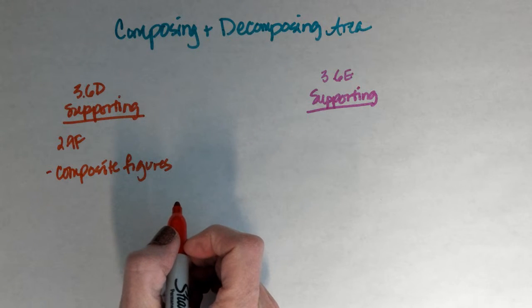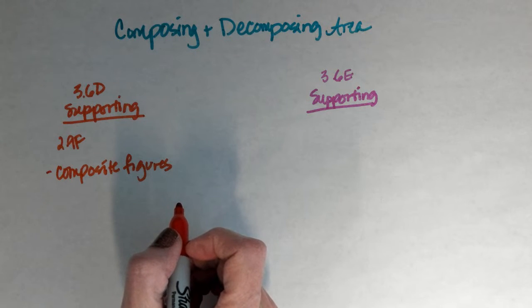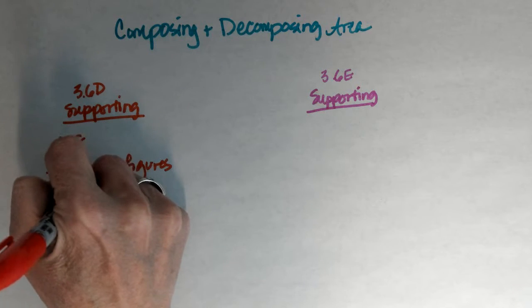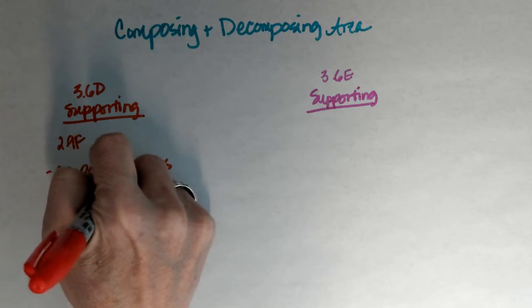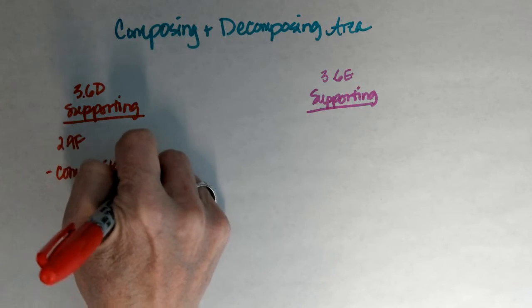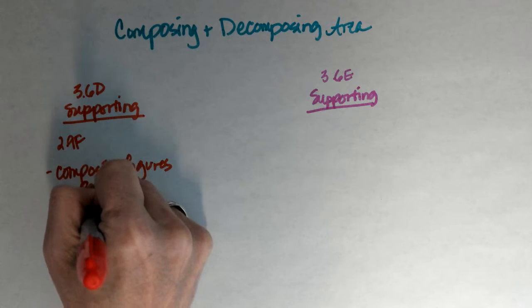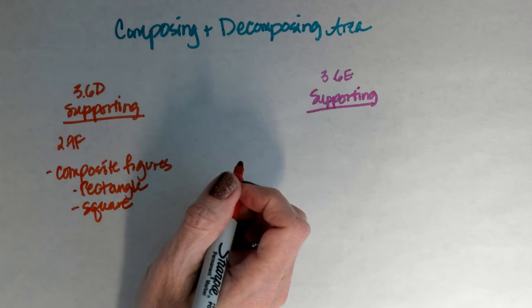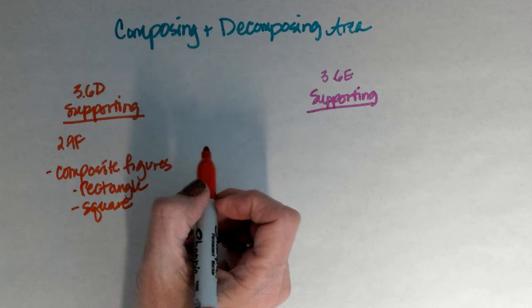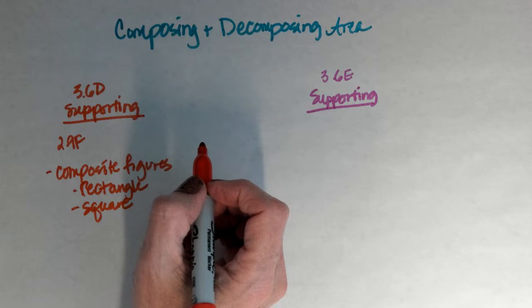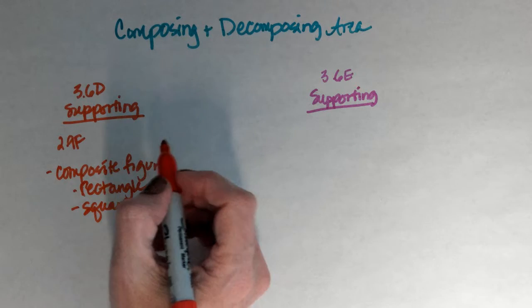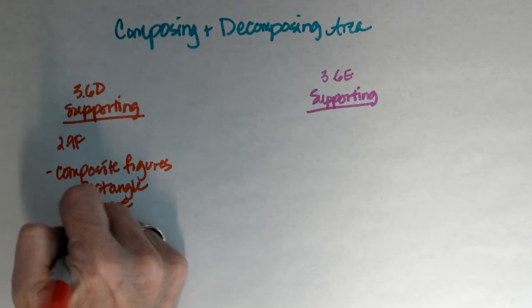So it says decompose composite figures formed by rectangles. Remember that a rectangle can also be its special friend, a square would be included in that, into non-overlapping rectangles to determine the area of the original figure using the additive property of area.